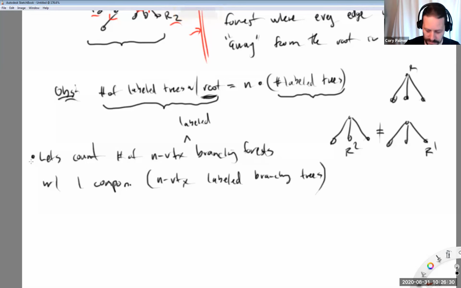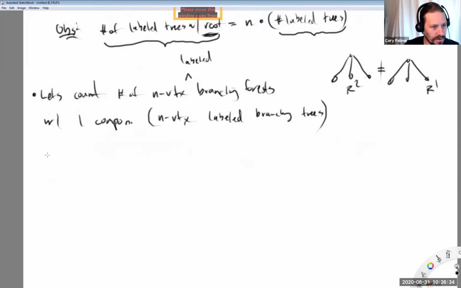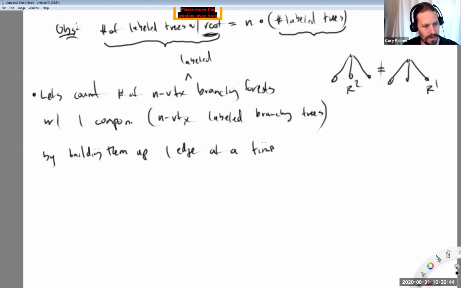So we're gonna count this in the following fashion. We're gonna build them up one by one, by building them up one edge at a time, okay? So what I'm gonna do here is start with just the empty graph, a graph with some vertices and no edges.